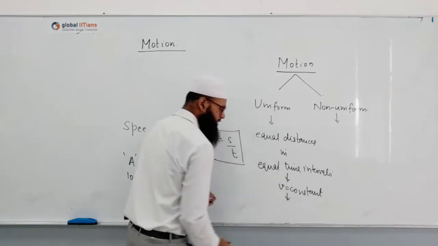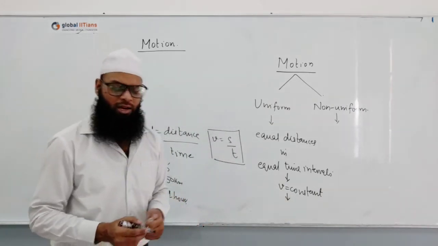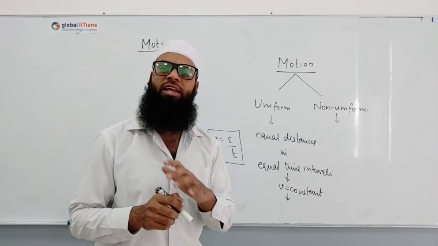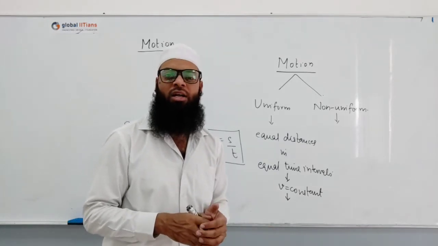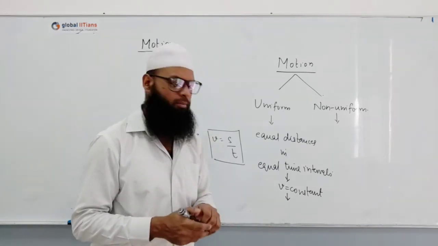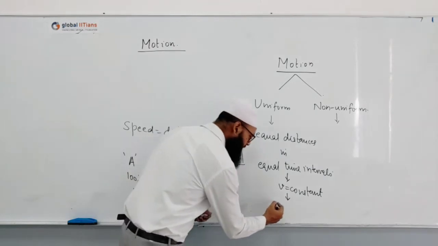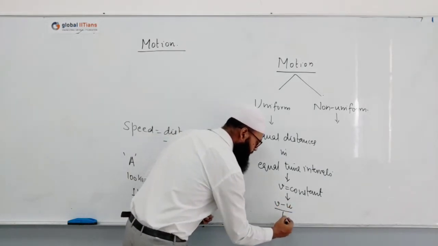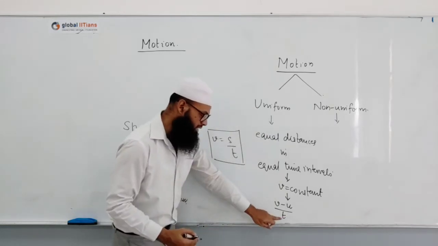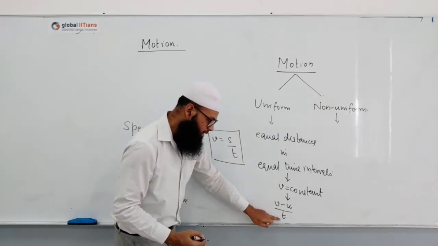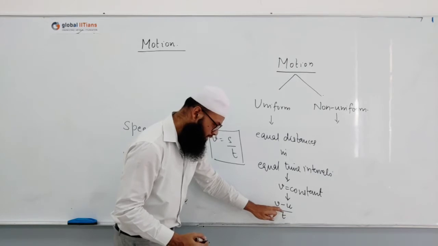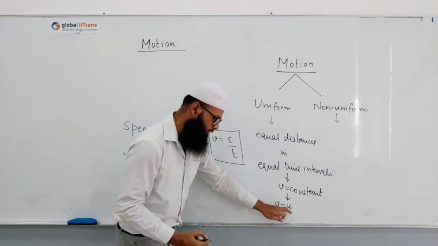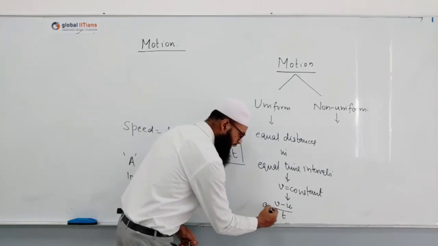Another term that I am going to discuss here is acceleration. What is acceleration? Acceleration is the rate of change of velocity, or the change of velocity per unit time. So if the final velocity is v and the initial velocity was u, and I divide the change by time t, where t is the time taken in getting the final velocity v from the initial velocity u, then this is the definition of acceleration.